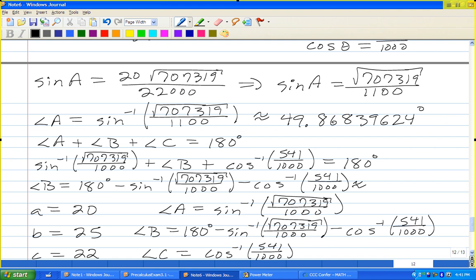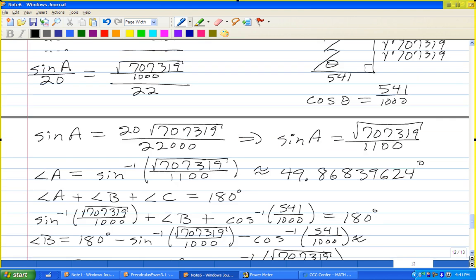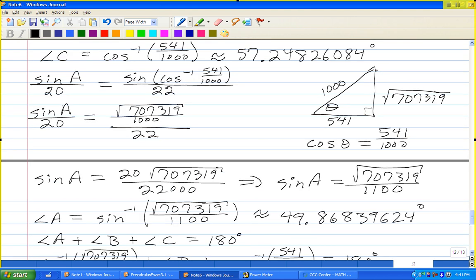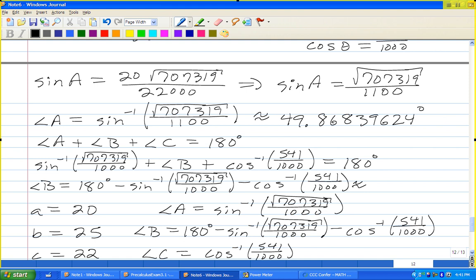Let me just do this. That's wrong. Okay, so let's do this again. I thought I hit something wrong. Okay. 707,319 divided by 1,000. Inverse sine. There, it looks better.